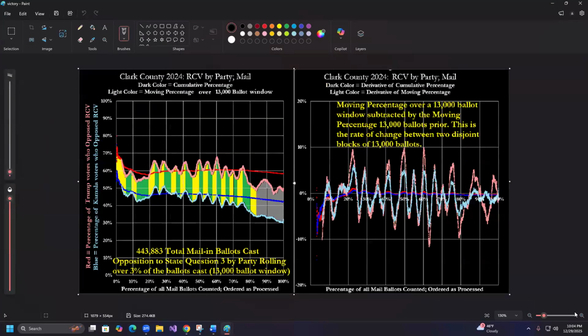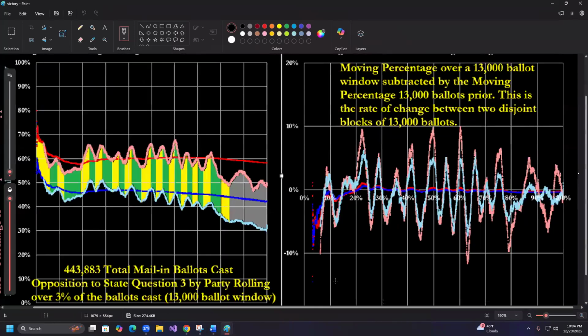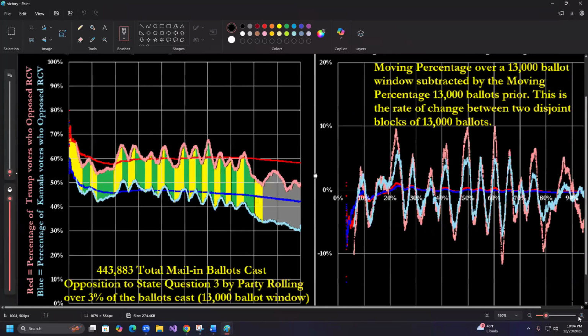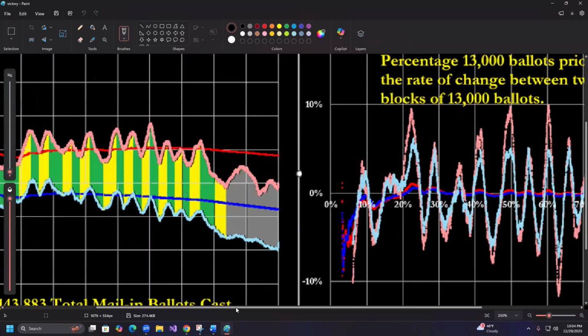You're looking at State Question 3 in Nevada in 2024. Question 3 was to adopt open primaries in future elections and ranked choice voting. There are two lines here, red and blue.